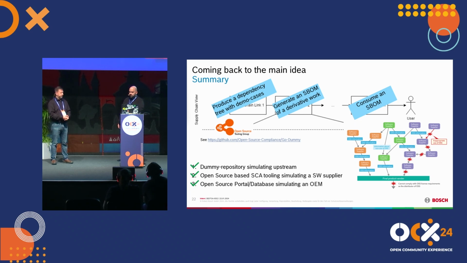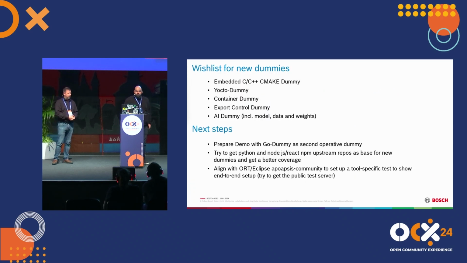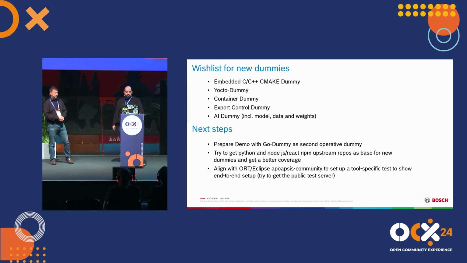Next slide. Yeah. And if you now say, yeah, well, I also have such cases that are interesting, then we welcome you to contribute that. I have a little wish list here compiled. Obviously we showed the Java Maven because that's a kind of no-brainer since years for us now.